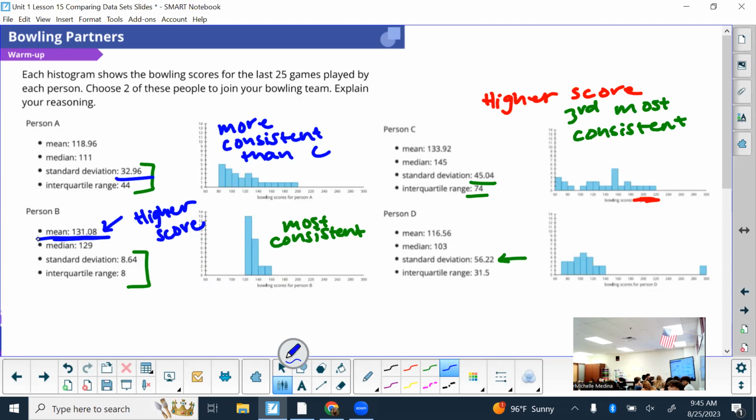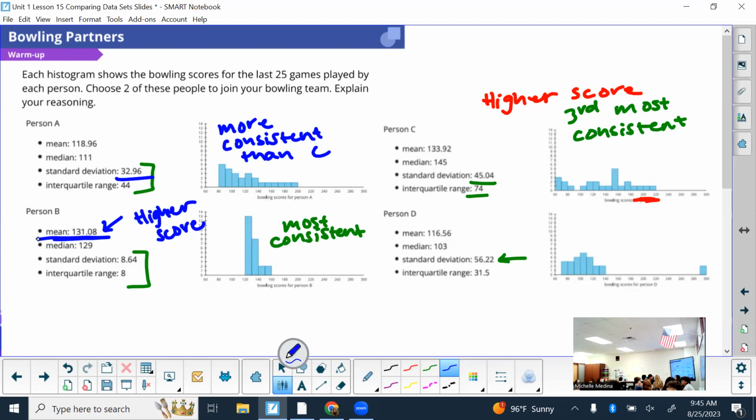I'll give them a little bit longer to decide. So like, if mean means average, and I have a mean for all of them, why do we even bother putting the median?